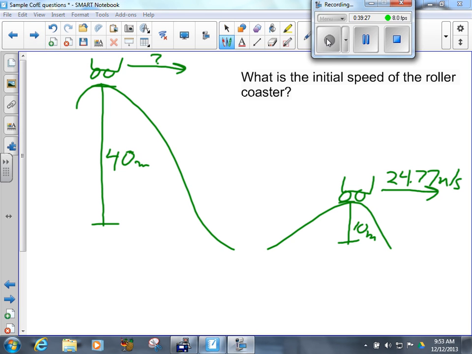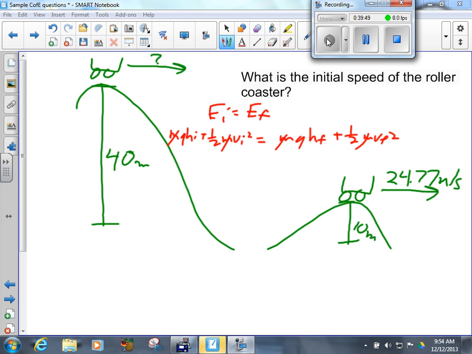If we're looking for the initial speed of the roller coaster here, it again sets up the same as they all do: EI equals EF. We've got mg hi plus 1/2 m vi squared equals mg hf plus 1/2 m vf squared. We'll cancel off the m's right away since it wasn't given to us anyway.